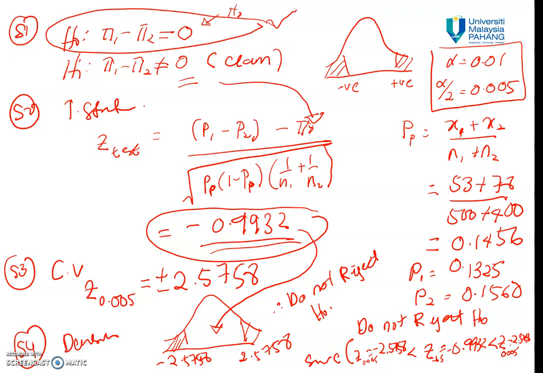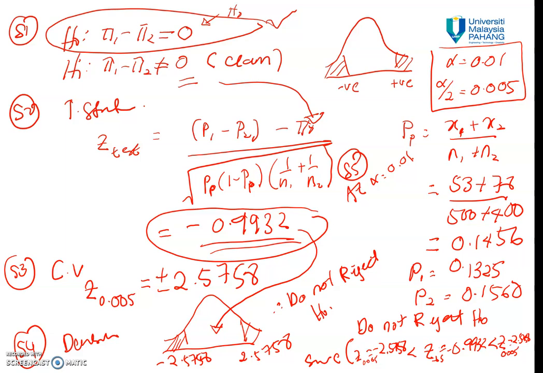Your step number 5 is conclusion. Since I don't have space here, I put it here. Step number 5, important, at alpha 0.01, what is your conclusion? There is no difference of population proportion between model 1 and model 2.